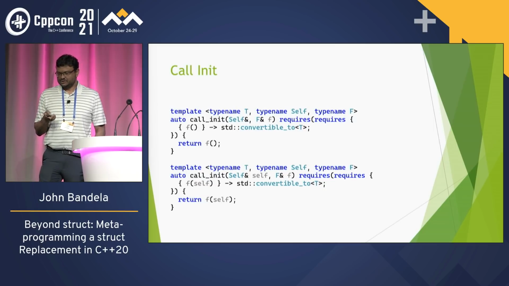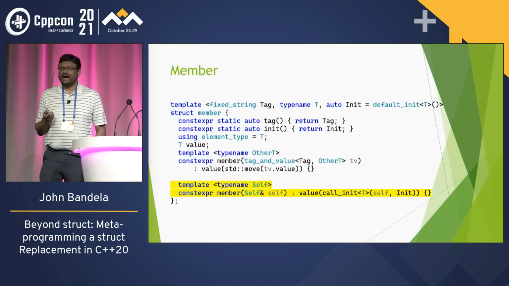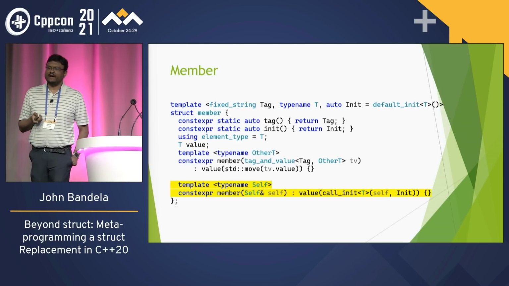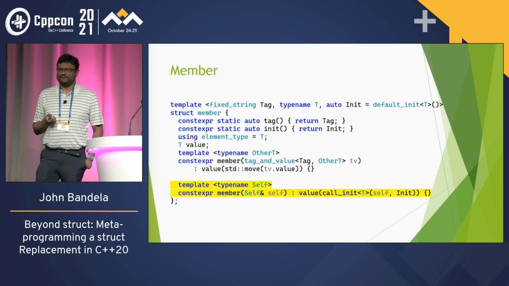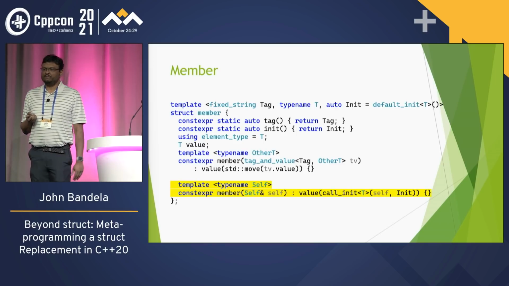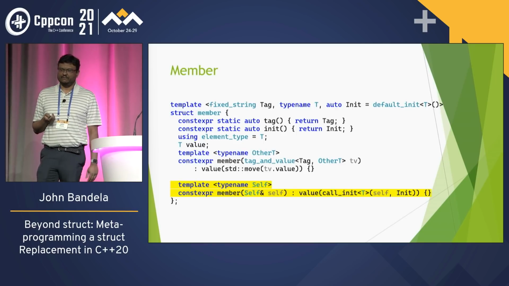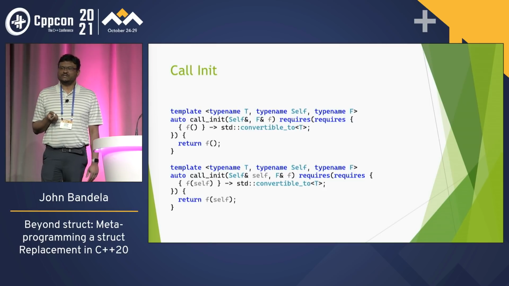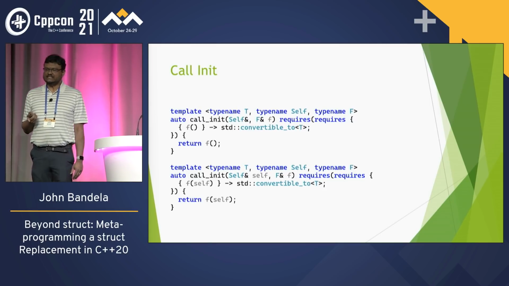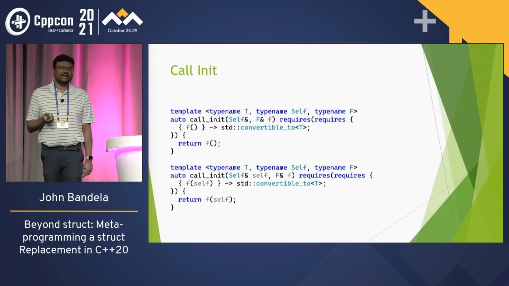All right, so how do we do this? What we do is add a constructor to member where we take a templated self parameter, and we pass it to call init for self, right? And in call init, we use concepts, and we overload, saying, what does it return?